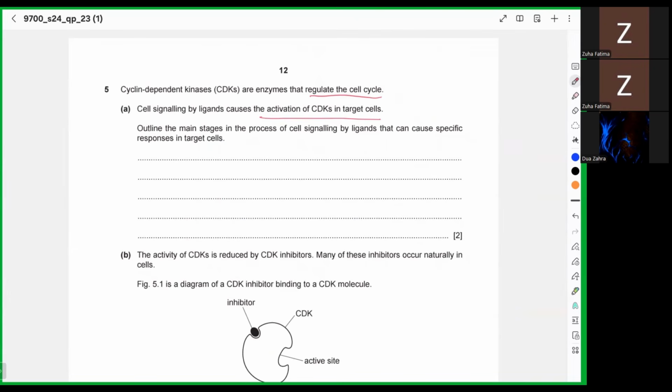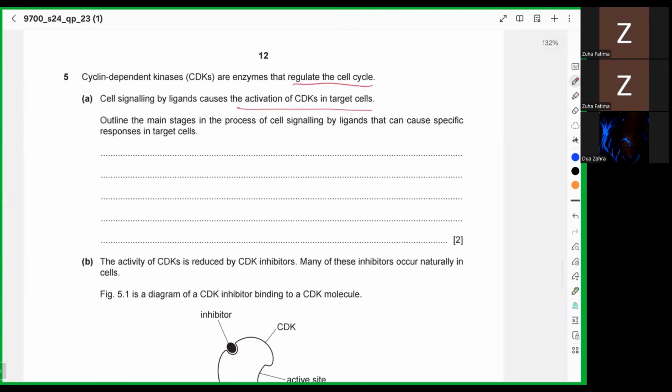Outline the main stages in the process of cell signaling by ligands that can cause specific responses in target cells. The ligands are transported through the bloodstream and they bind to complementary receptors on the target cell, triggering a series of reactions to take place in the target cell.